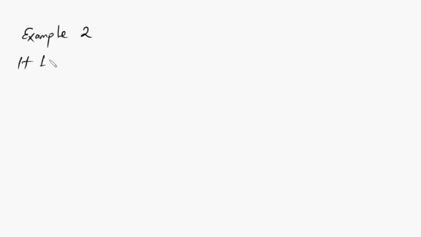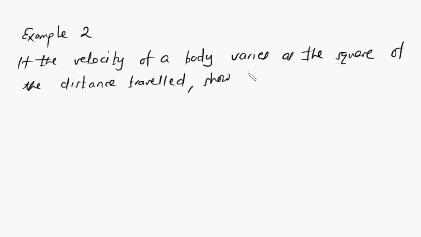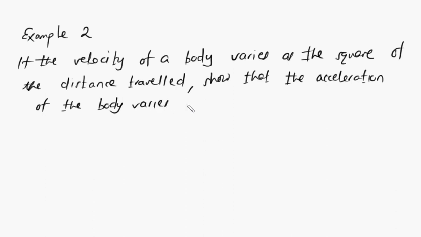It says if the velocity of a body varies as the square of the distance traveled, show that the acceleration of the body varies as the cube of the distance.